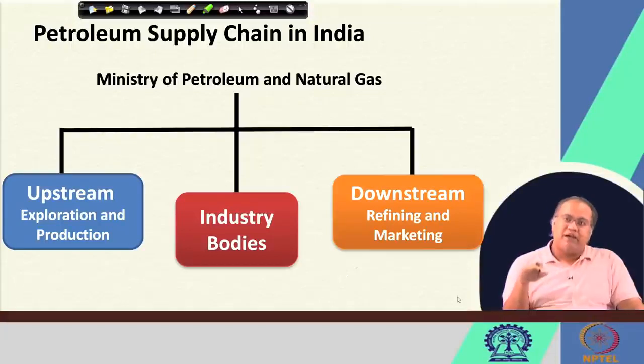In between the upstream and the downstream operators, there are different other industry bodies associated with this entire petroleum supply chain. If you look at the different upstream and downstream players and the industry bodies associated with it, the list is pretty large.